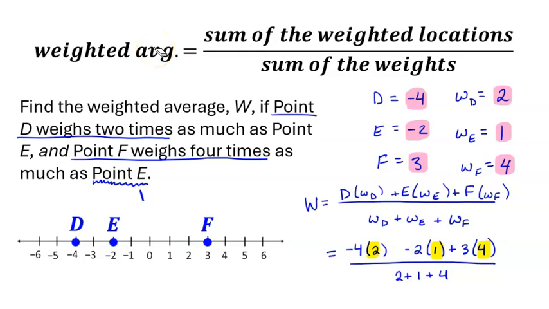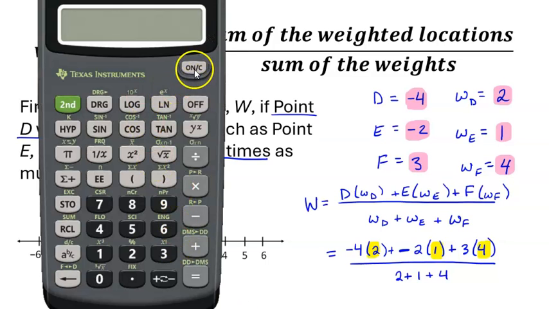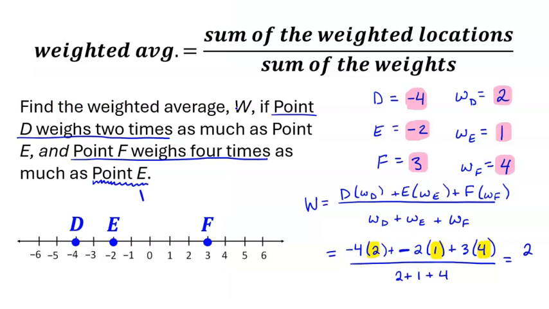If you want to take out the positive and just keep the minus here, that's totally fine. If you're plugging this into your calculator, it's not going to change it. So even if I left this as plus -2, it doesn't matter. So here we've got negative 4 times 2 plus negative 2 times 1 plus 3 times 4. And I get 2. Even if I just put this as -4 times 2 minus 2 times 1, I'm still going to get the same answer. So this is going to be 2.